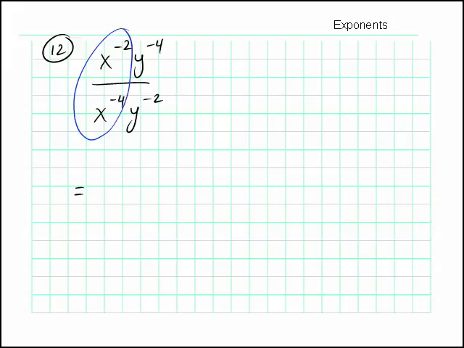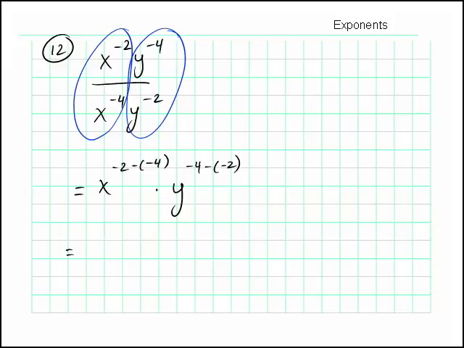Okay, there's my x's. I'm supposed to subtract my exponents in a situation like this. So that should be x to the negative 2 minus a negative 4. I'm going to do the same thing with the y's. I have to subtract the exponent. So this is y to the negative 4 minus a negative 2.